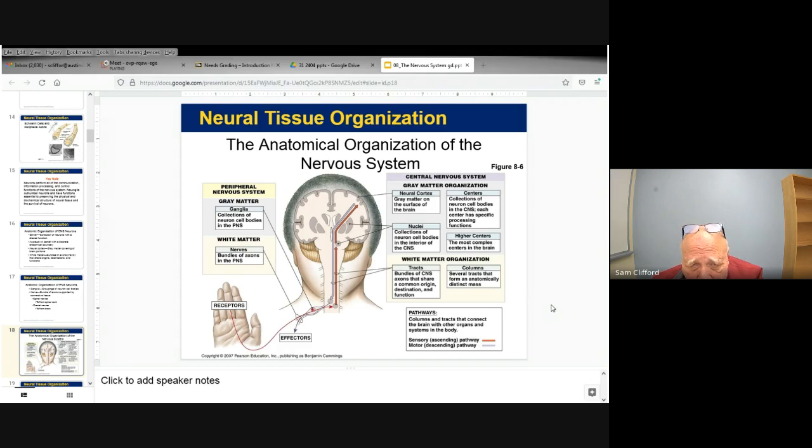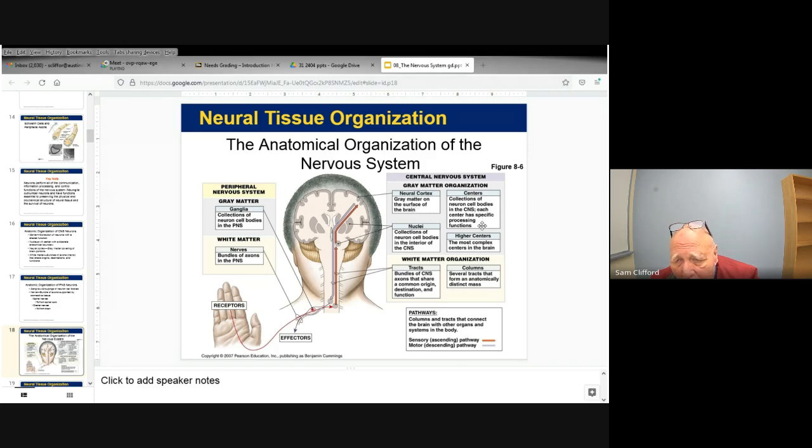So what's the organization of the whole nervous system? So the gray matter surrounds output to muscles, for instance, then white matter and so on. Gray matter is, for instance, a ganglion right outside the central nervous system. The central nervous system has neural cortex, which surrounds the entire brain with gray matter.